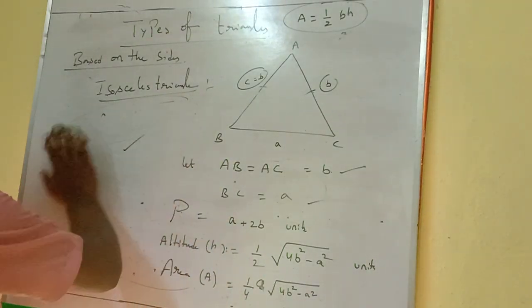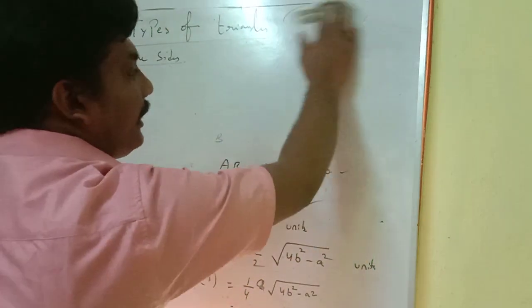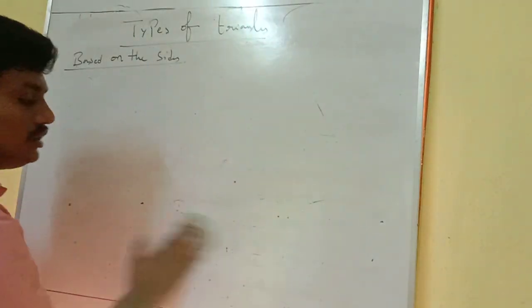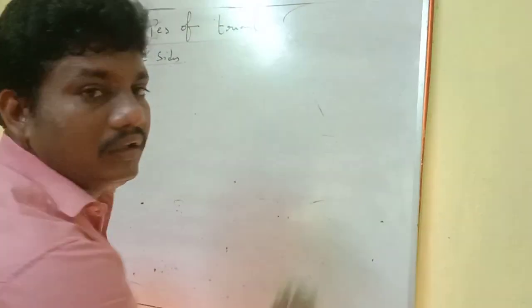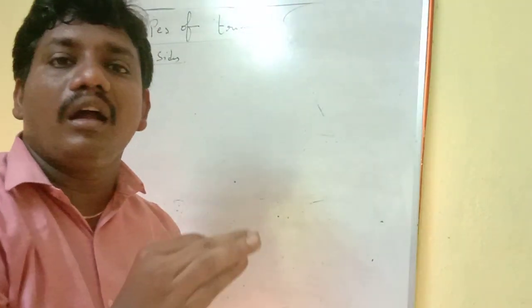Now coming to scalene triangle. Scalene triangle means all the three sides are unequal. A triangle whose all the three sides are unequal is called a scalene triangle.